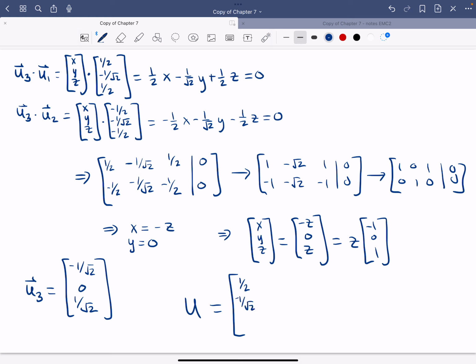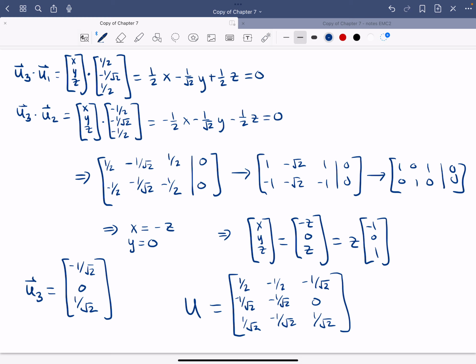So I put u1 in first, followed by u2, and then I put my u3 in last. You can check that these vectors should all be orthogonal to each other. They should all be unit vectors, and that completes the process.